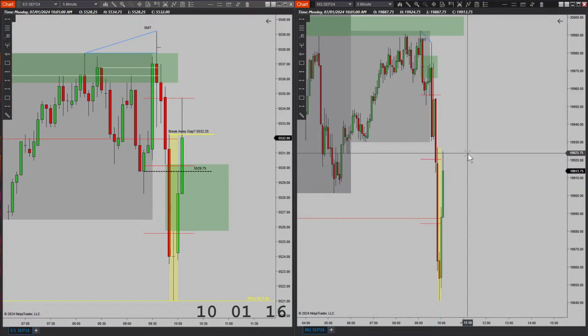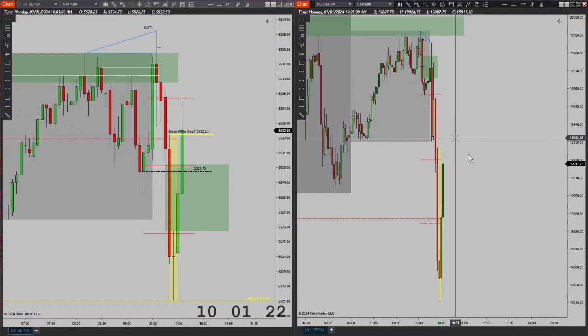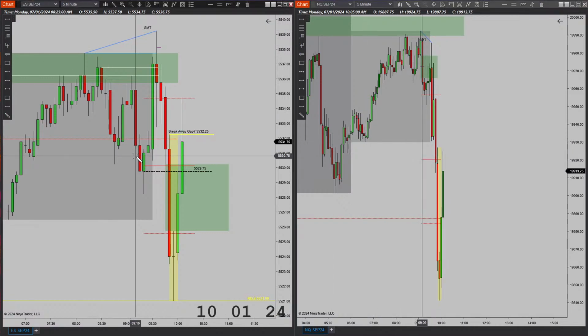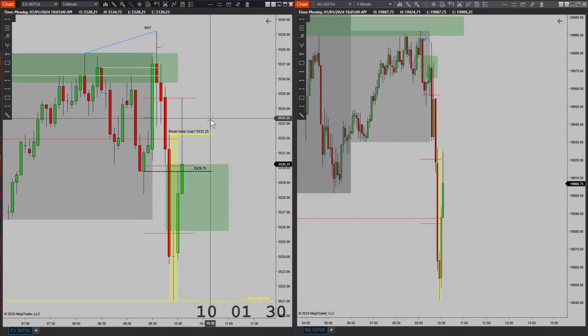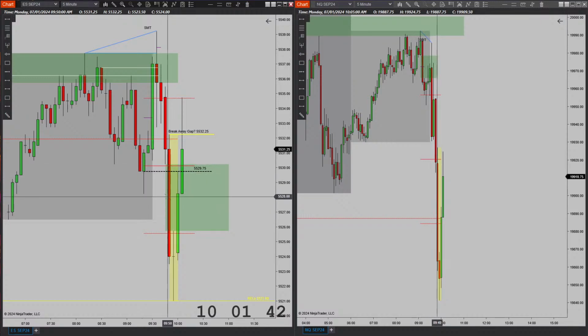All right, so it looks like we are wicking into it. This right here is the order block. Yep, it makes sense that price wicked into that. Many traders, the majority of traders, I'm pretty sure, got into this block over here.